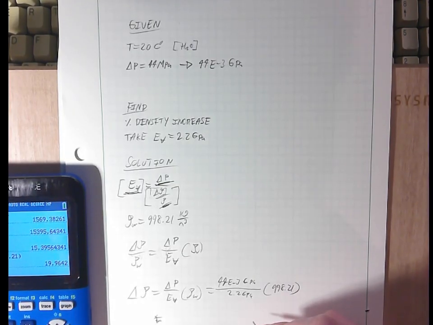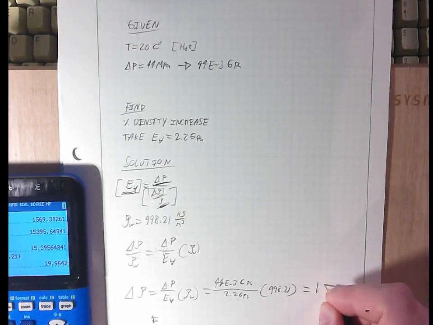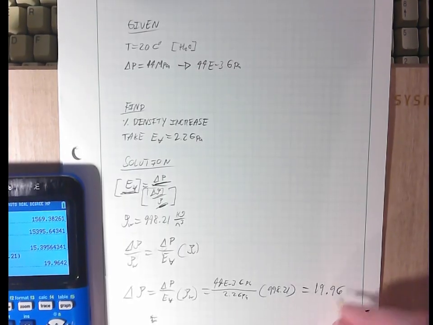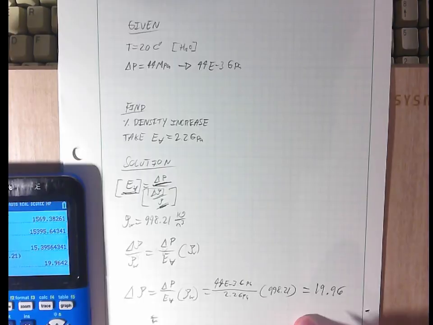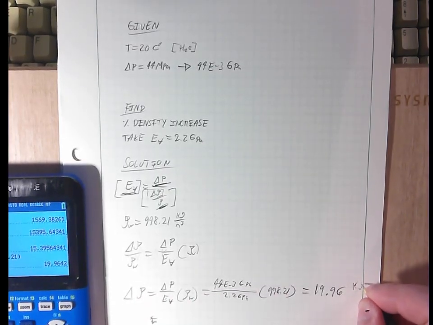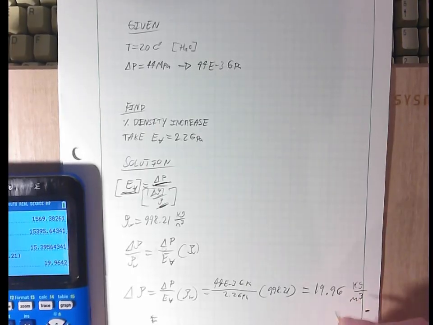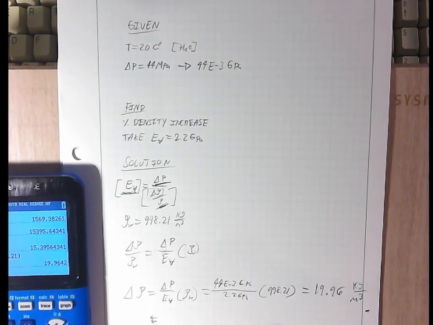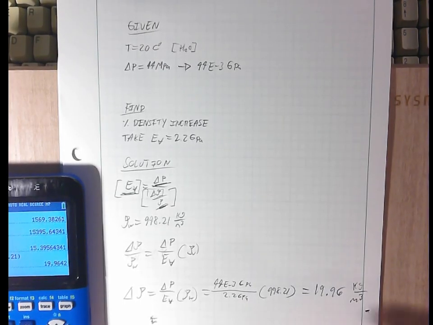I'm getting 19.96, and what would the units here be? Pressure, or no, its density is going to be kilogram per meter cubed. No. I have it written wrong right there. This is change in pressure. I'll have to check that unit in a bit.